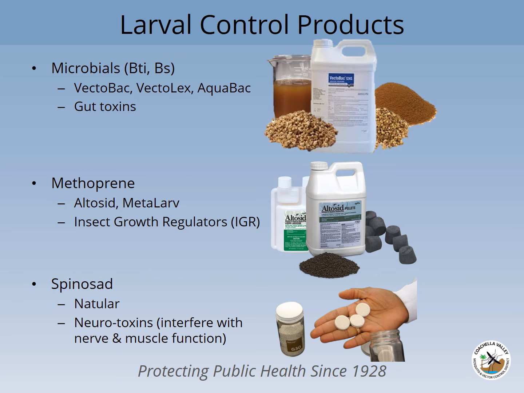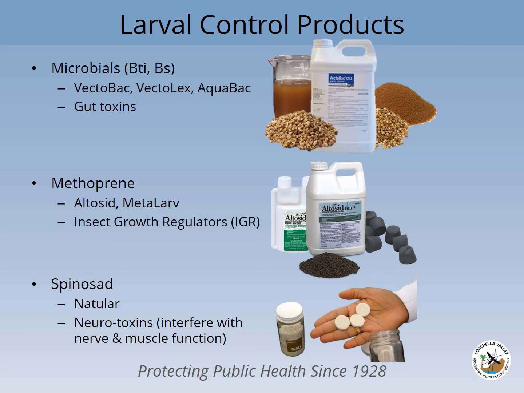So when it comes to trying to avoid a situation like that from occurring, we need to make sure that we're using different types of pesticides that have different active ingredients. So here at the district, we essentially have three main larval control product types based on their active ingredient.